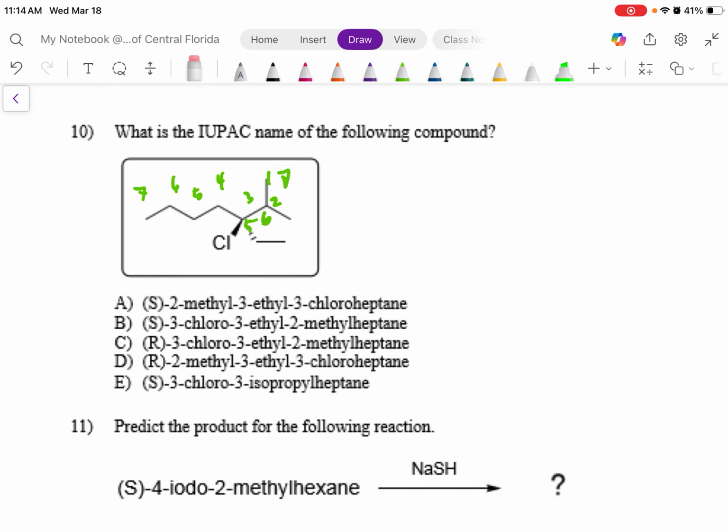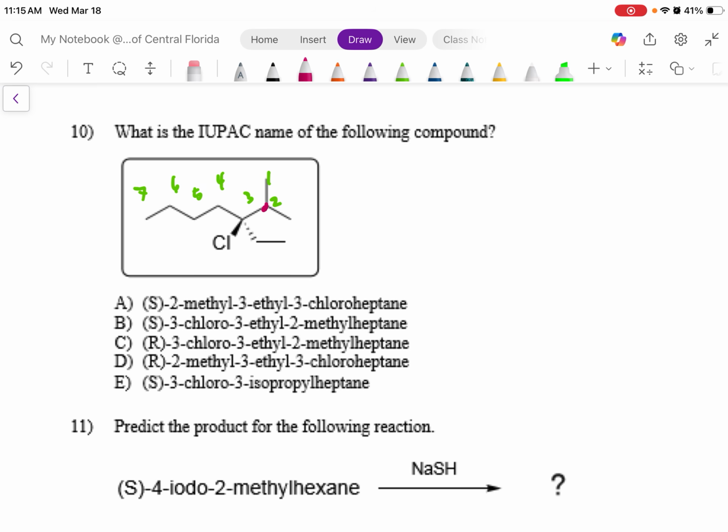Well, because of what we just talked about. If I numbered it from left to right, then I don't bump into my first substituent until this carbon right here. So numbering it from right to left, we bump into the first substituent sooner when we number it in this way.